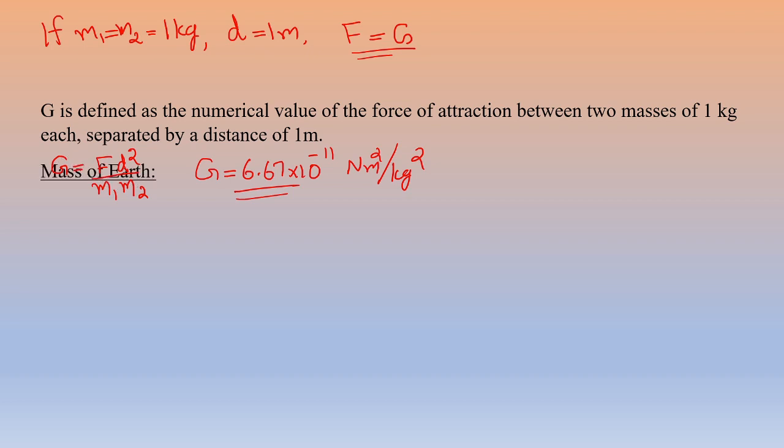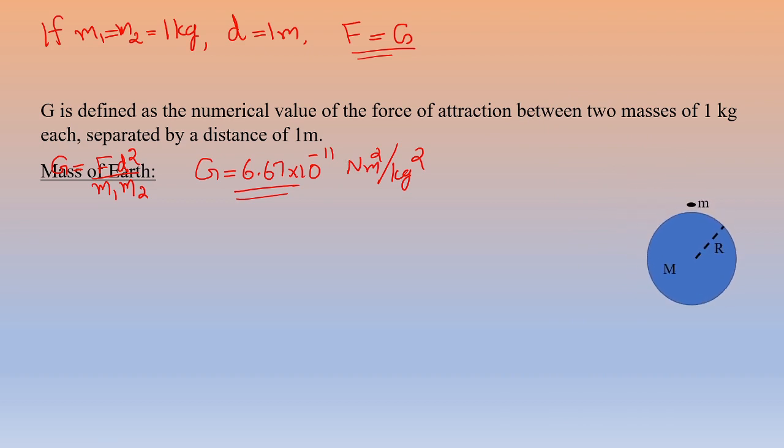Once we know the value of capital G, we can find the mass of the Earth. So we can calculate the mass of Earth. For that, let us hold a stone on the surface of the Earth.